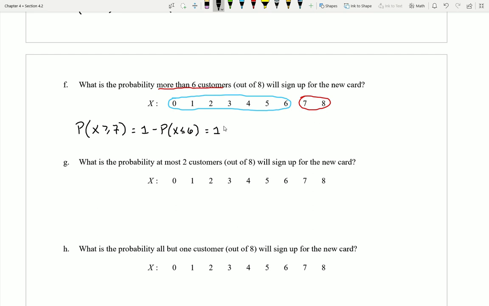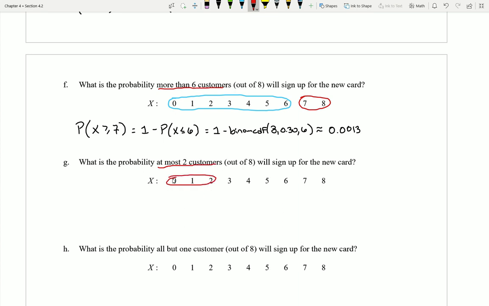So this would be like doing 1 minus a binom CDF with 8, 0.30, and 6. And if I go ahead and I crunch out this number, I think I get to a final value of 0.0013.